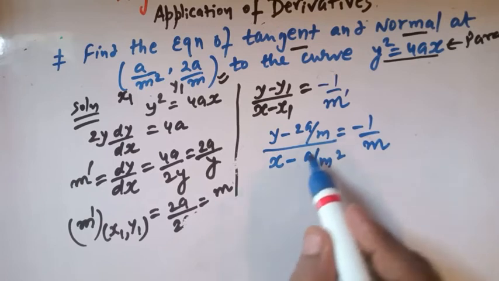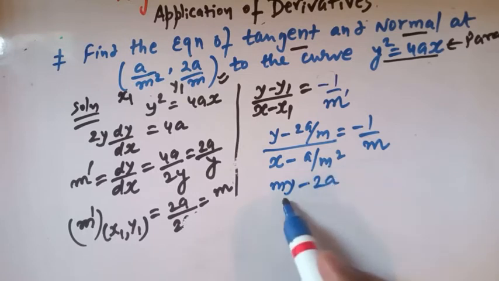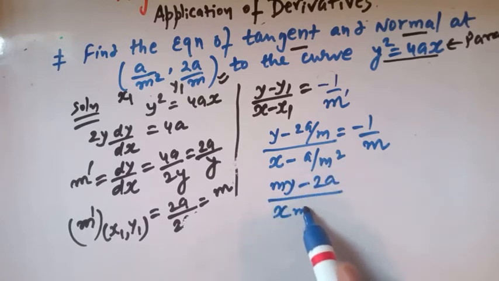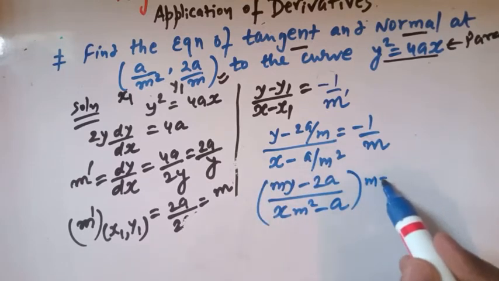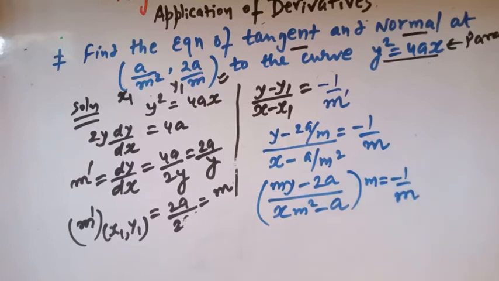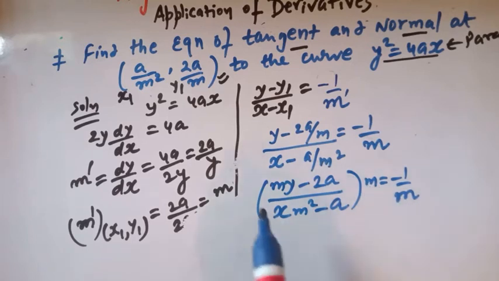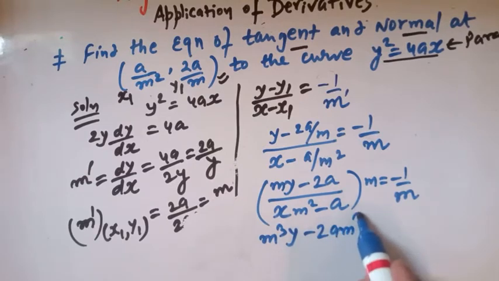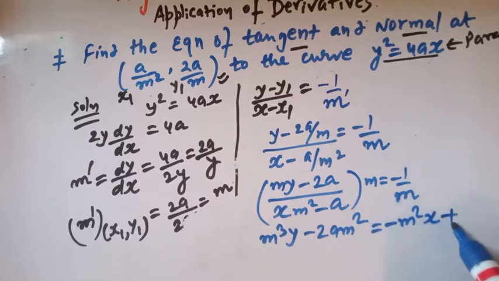Now we'll simplify this expression, and we get (my minus 2a) over (xm square minus a) by taking LCM, and we have m here and minus 1 over m. Clear? Now this m is multiplied with this m, we will have m square, then m square will be multiplied to these two terms. So we will have m cube y minus 2a m square equal to minus m square x plus a.